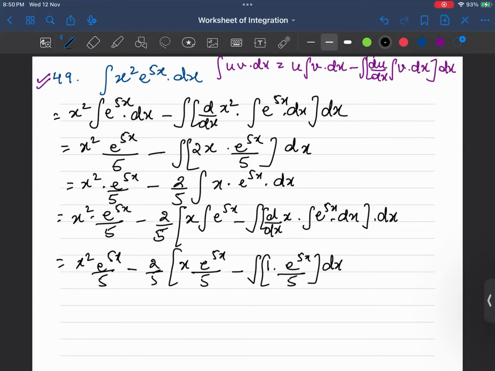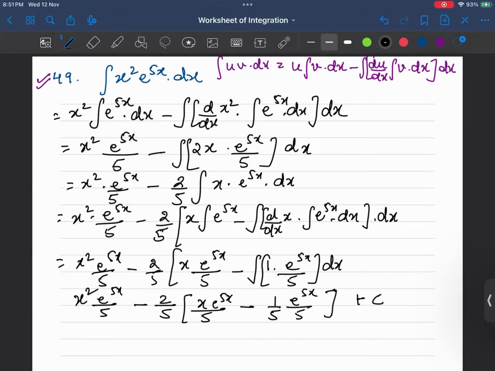Right? Now it would be x square e power 5x upon 5 minus 2 upon 5. Let me solve it. It would be x e power 5x upon 5 minus, it would be 1 upon 5 outside, and integration of e power 5x again would be e power 5x upon 5. Yeah, we can make it plus c outside.